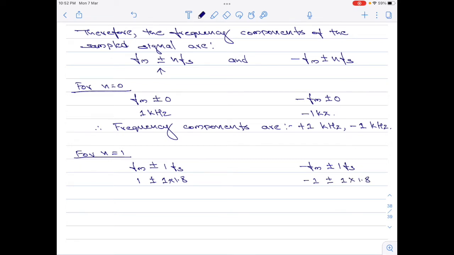Now, note that there is a plus or minus symbol involved. So, every calculation will give two frequency components. First, I will take the plus symbol. So, 1 plus 1.8 will be 2.8 kHz and 1 minus 1.8 is minus 0.8 kHz.